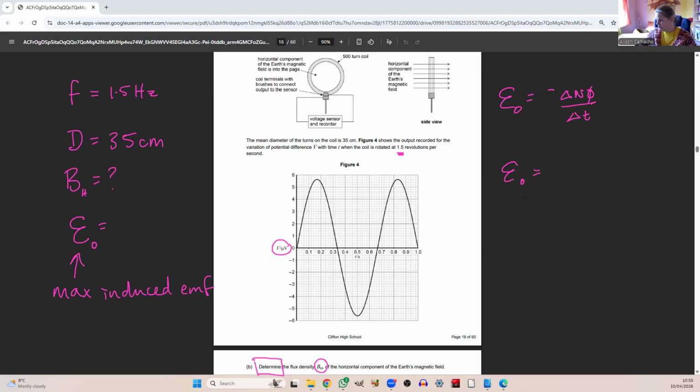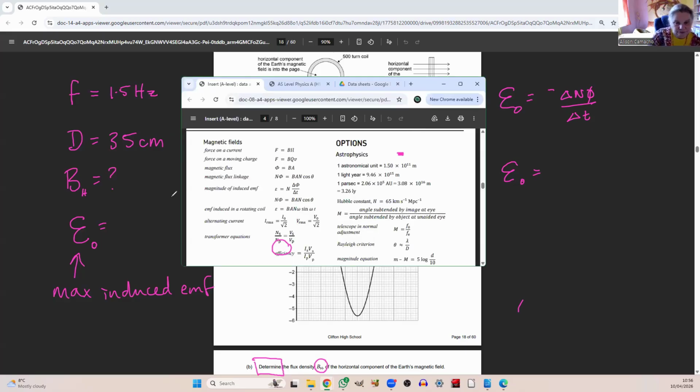Let me pull up the data sheets. Where are we? Right, if I pull it over there a minute, can you see on here, we've got E is BAN omega sine omega t.